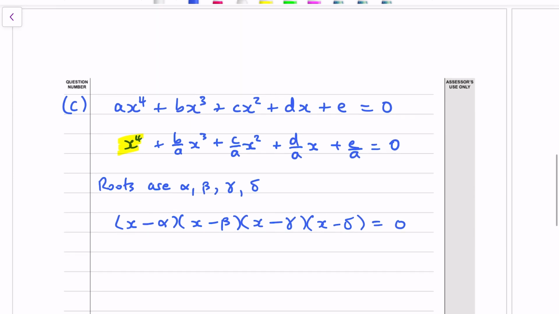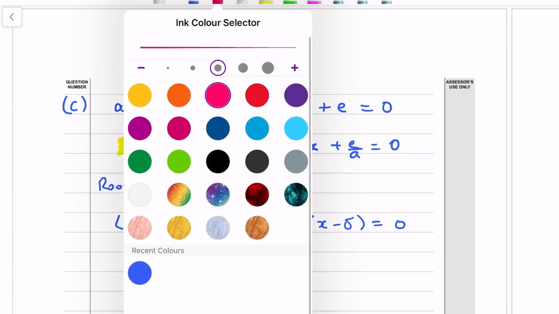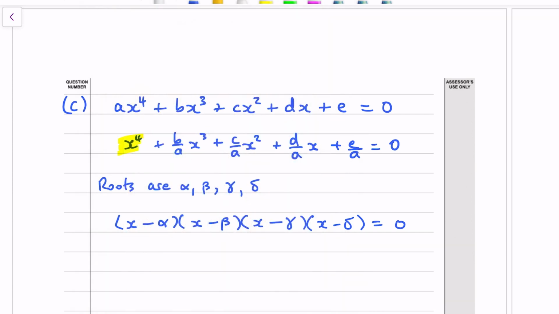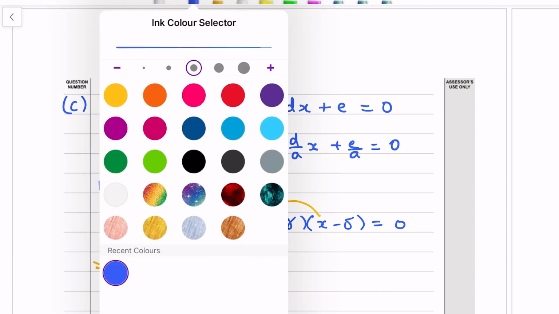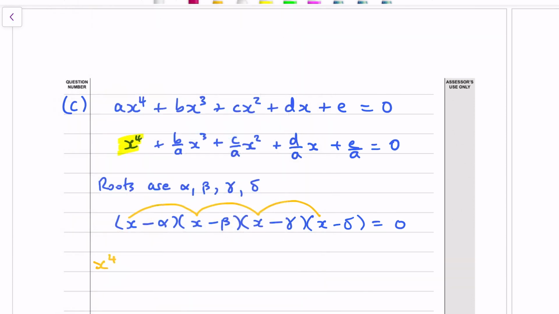And then if we expand this out, but rather than expanding it by doing 2 brackets, then a 3rd bracket, then a 4th bracket, we just be clever about it and go, how can I get an x to the 4? The only way is x times x times x times x. How can I get an x cubed?